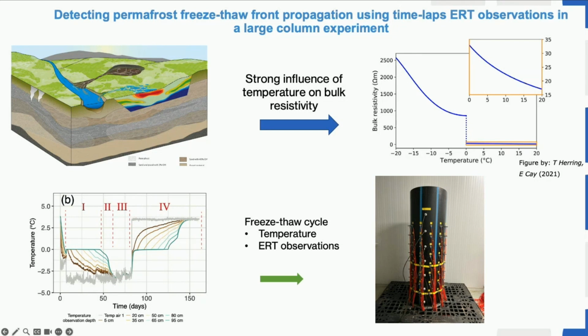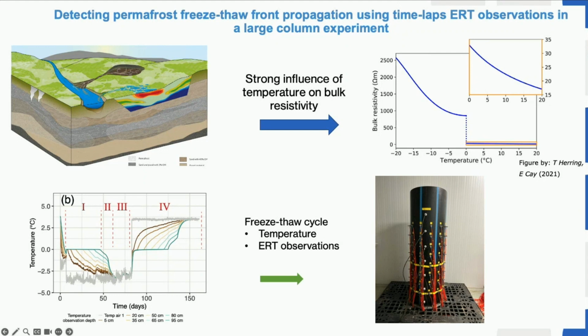When temperatures are above zero, all the pore water is liquid, so you have a really low impact of temperature on resistivity. But as soon as your pore water starts freezing, you get a jump in your bulk resistivity, because ice is a poor conductor of electricity.